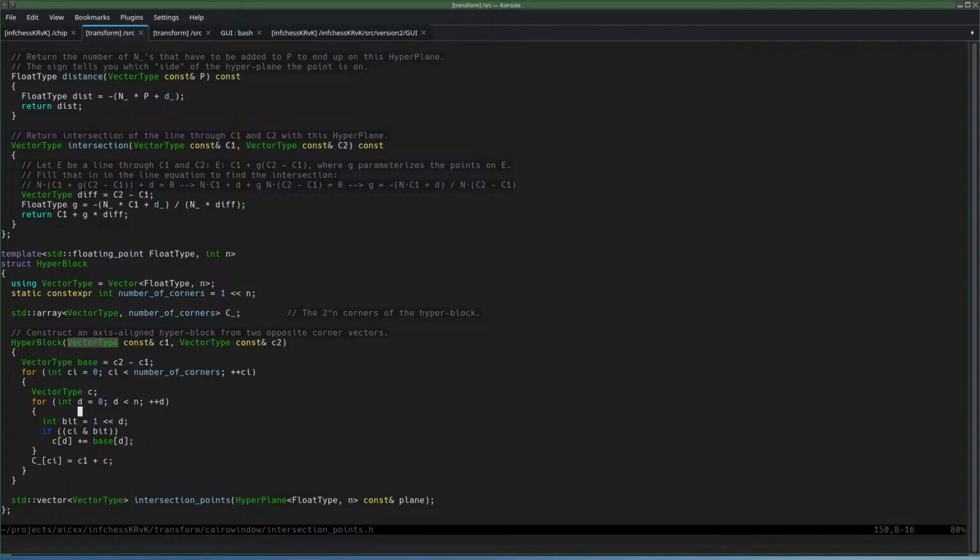Bit then changes from 1 shifted by 0 the first time, and then shifted by 1 the second time. So bit is first 1 and then it's 2.